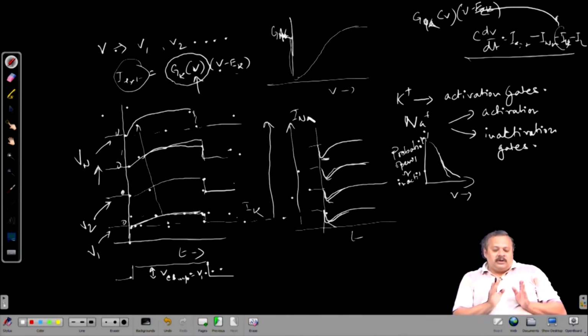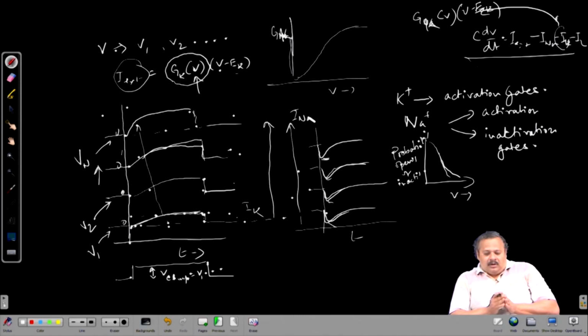The difference between the potassium and sodium is that potassium goes and reaches saturation and stays there until the clamp is removed. The sodium goes and reaches some value and then the current or the conductance goes back down to 0.